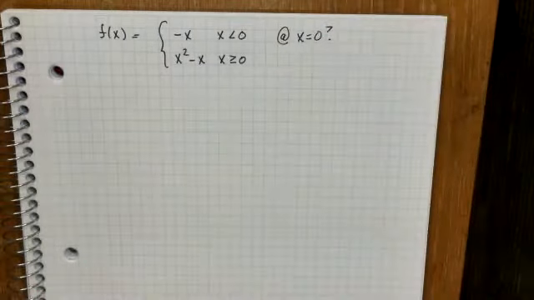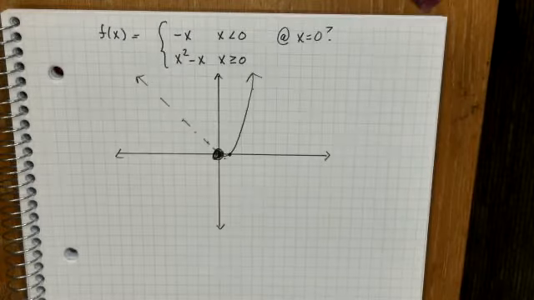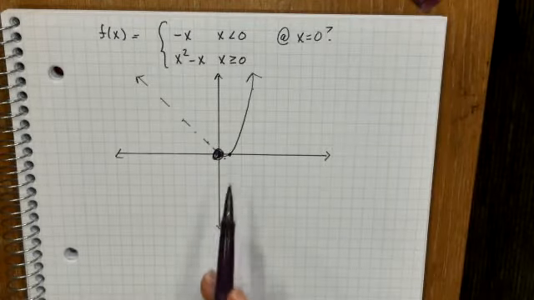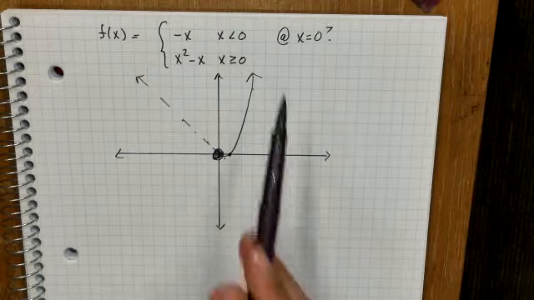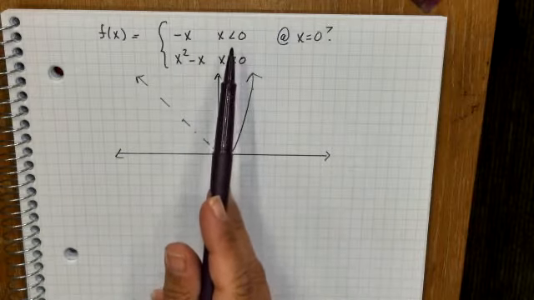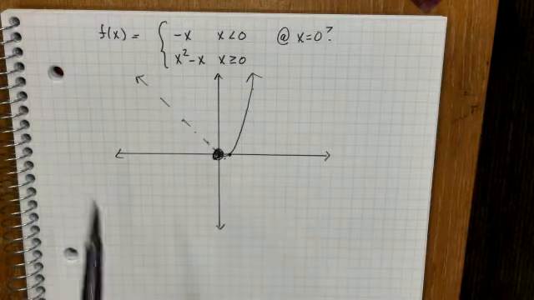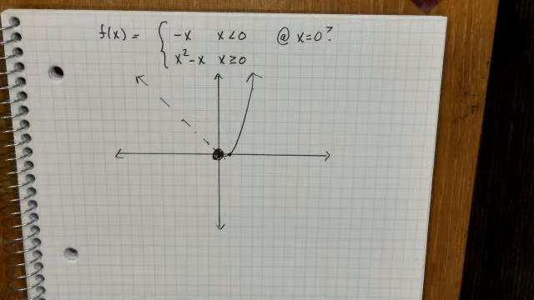So let's figure out what's going on. And this would be a really good opportunity to review limits. Take a minute to graph the function. This is closed at the origin. Negative x, open circle at 0, 0. But the second curve overtakes that. So this is a great way to review a bunch of stuff.